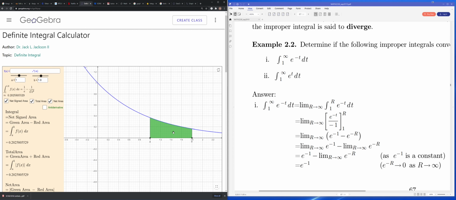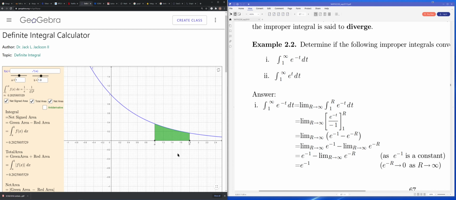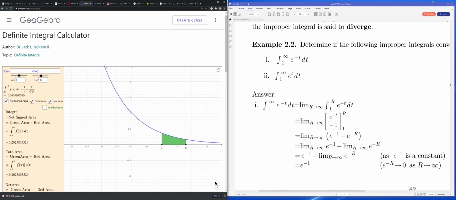So notice this is an area under the curve. This integral, when you integrate the e to the minus t between 1 and r, for some fixed r, is an area under the curve. And what you're going to do now is let the r go to infinity. I'm going to scale out a little bit over here.